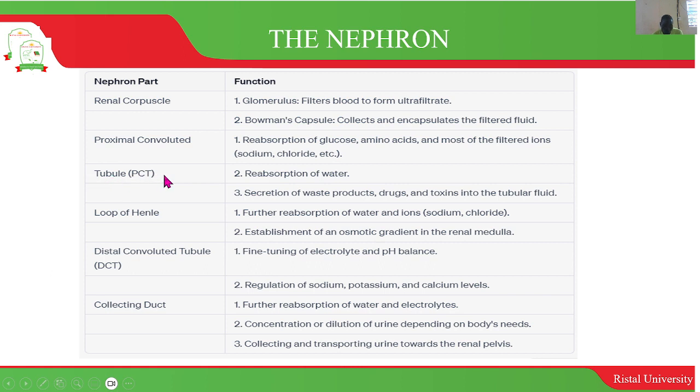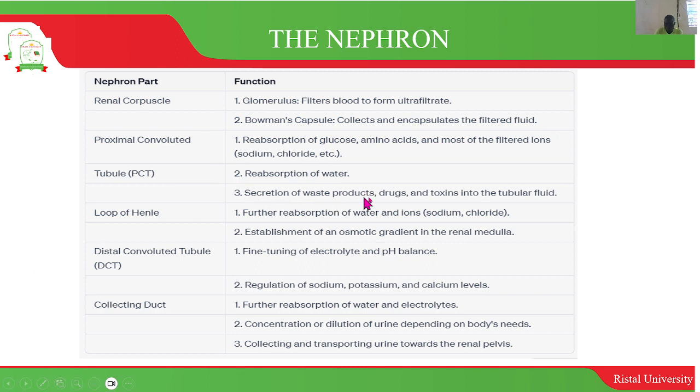Now let's look at the proximal tubule as well. PCT here means proximal convoluted tubule. It is still a continuation of this one. Its measurable function is the absorption of water. So a lot of water can be filtered out, but to keep homeostatic balance, it can still reabsorb some of the water.